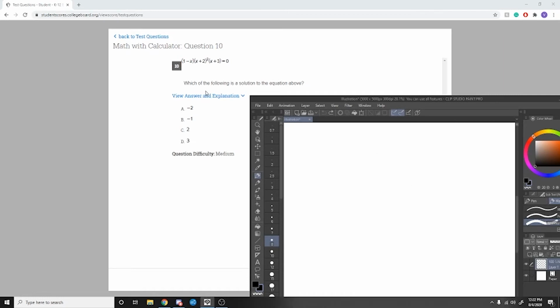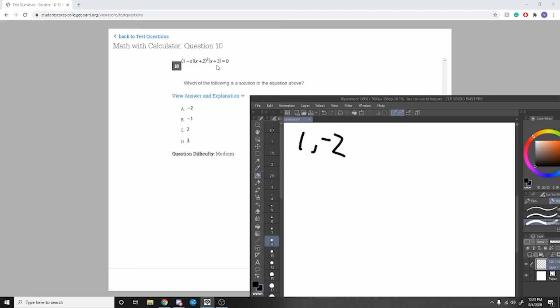Okay, now this is already in factored form, so we don't have to do anything to manipulate this. All we have to do is find which one is the solution. For the first one, if you plug in 1, it will be a solution, because 1 minus 1 is 0. Second one, if you plug in -2, it will be a solution, because -2 plus 2 is 0.